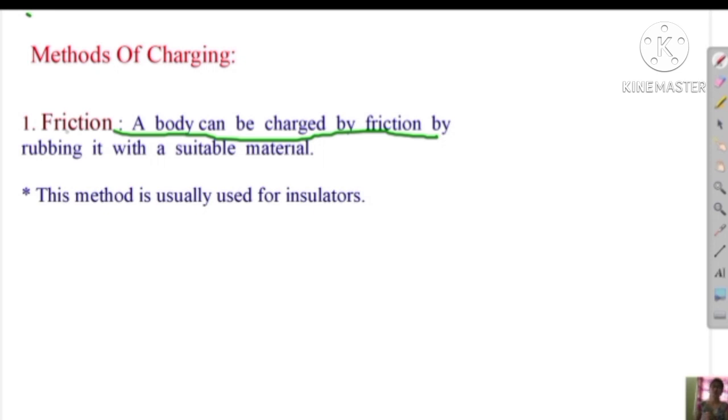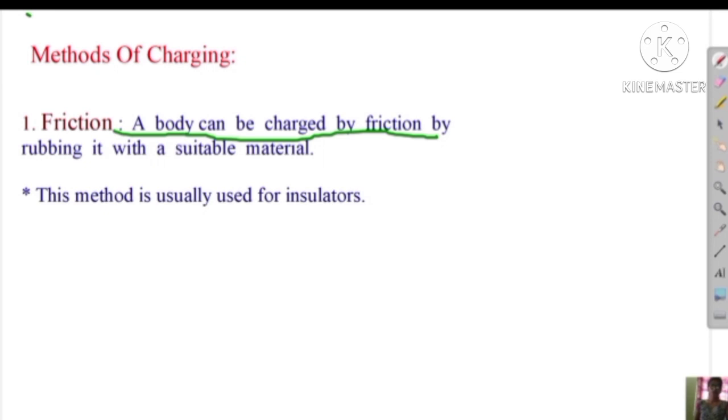Is it clear? As we have discussed in the previous classes, when the glass rod was rubbed with a silk cloth, the glass rod acquired positive charge and the silk cloth acquired negative charge. So those two acquired the charges by friction. Is it clear? To make you understand clearly, I will show you an animation.